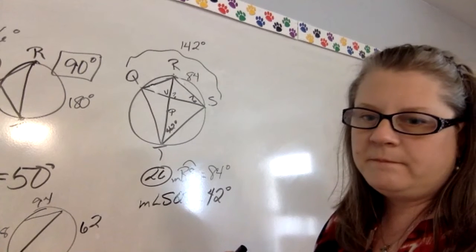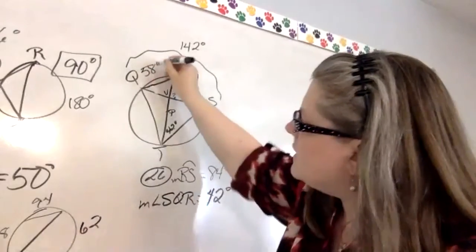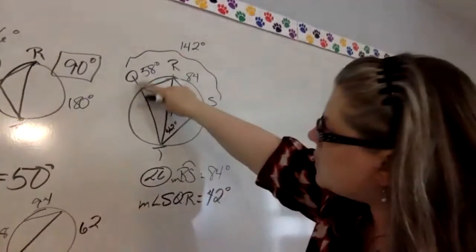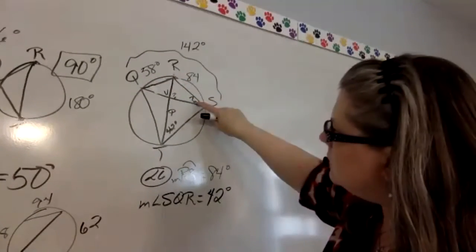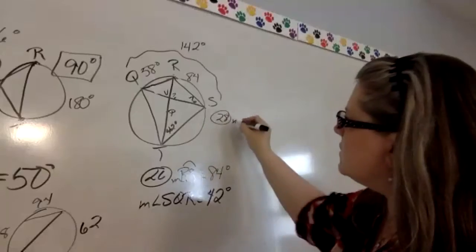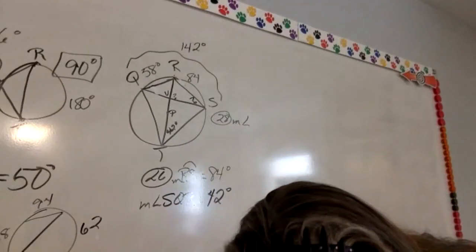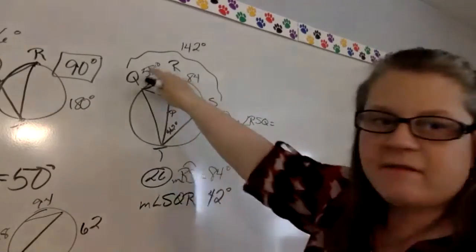What do you get? 58. Okay, so this arc piece is 58 degrees. So if this arc is 58 degrees, its inscribed angle, which was the measure of angle RSQ, which was the first one it wanted, is going to be half of that.